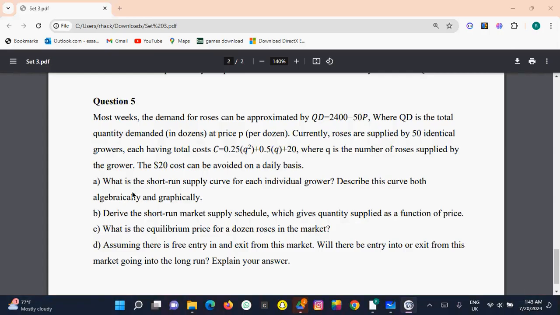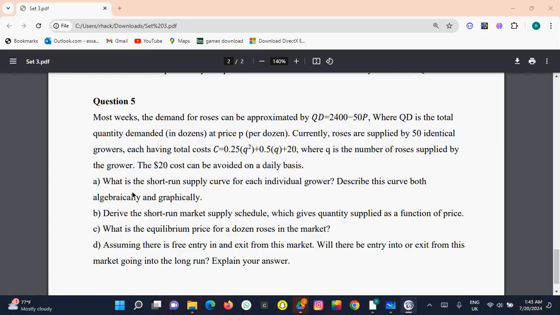Please, the questions ask: A, what is the short run supply for each individual grower? Describe the curve both algebraically and graphically. B, derive the short run supply schedule, which gives quantity supplied as a function of price.